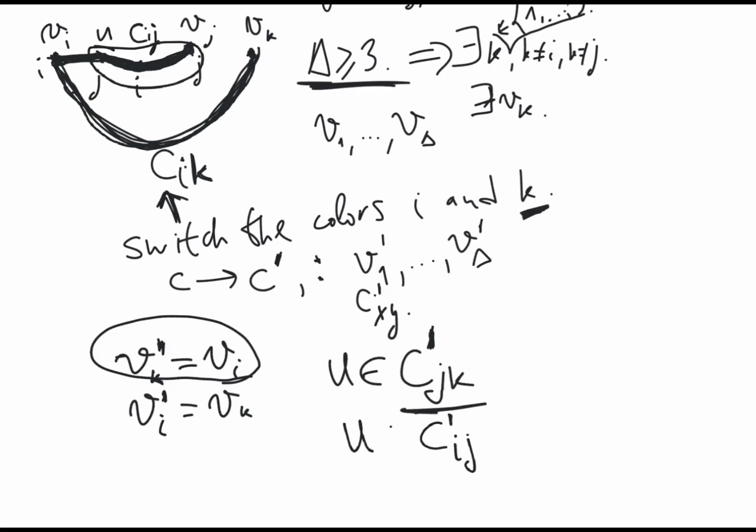In particular u, which is part of this remaining part of the path, must belong to this Cij prime, because it is connected by a path of colors j and i to vj. So by definition, it belongs to this connected component Cij prime in the new coloring.